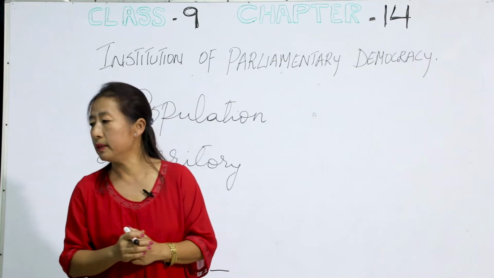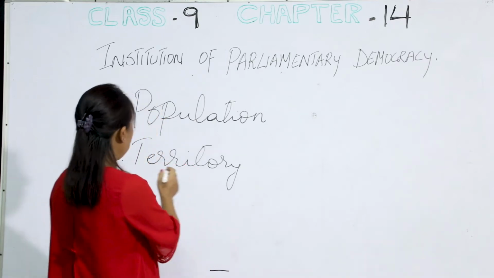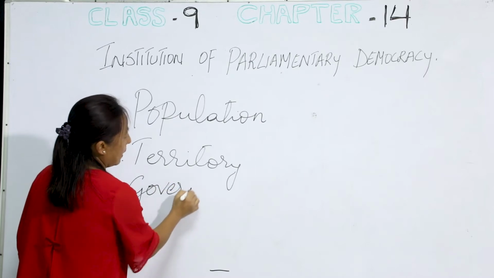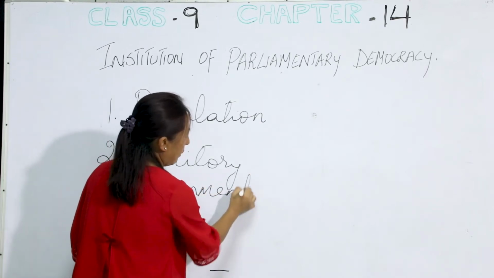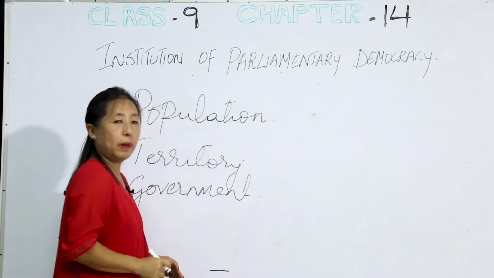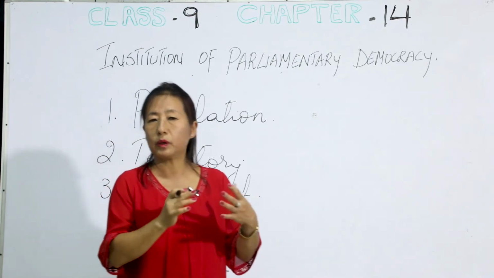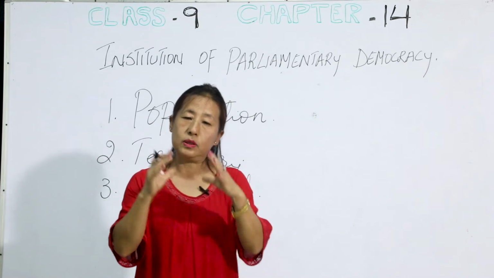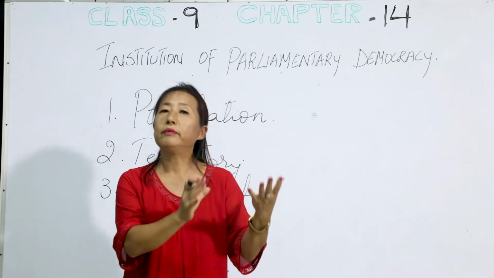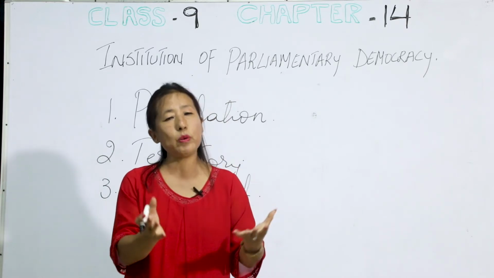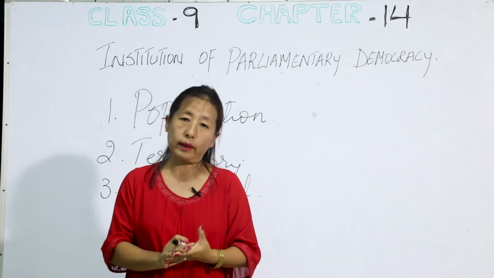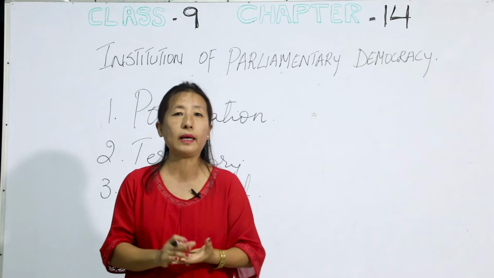Then the third element is government. Why government? Because the government is there to look after the people. The state will be there, but if the government is not there, then the population, the people, will be doing whatever they want, and the situation will be in chaos.